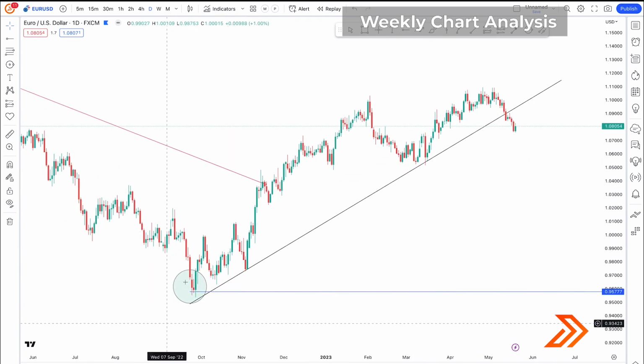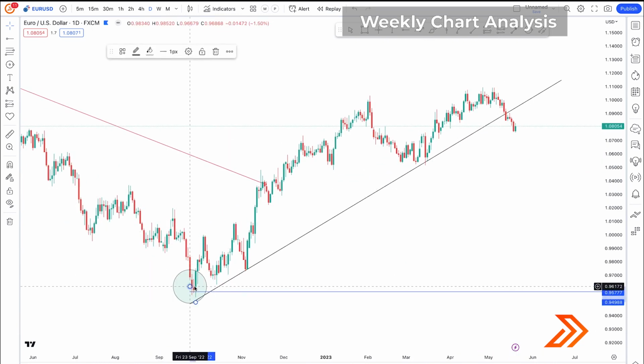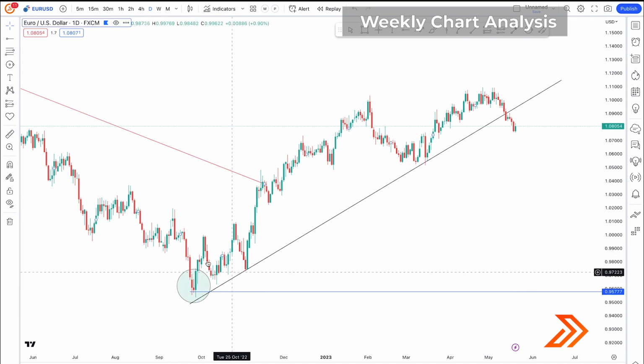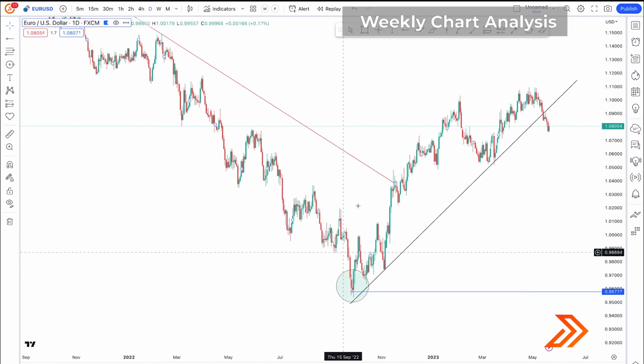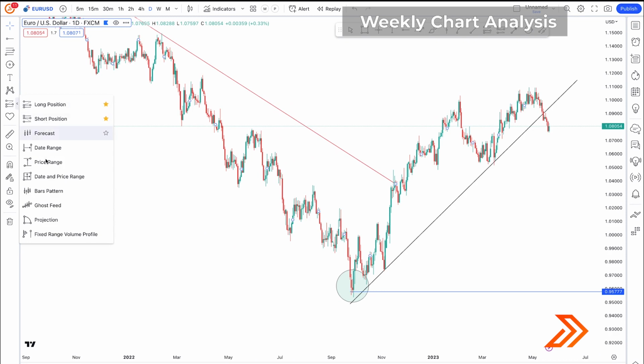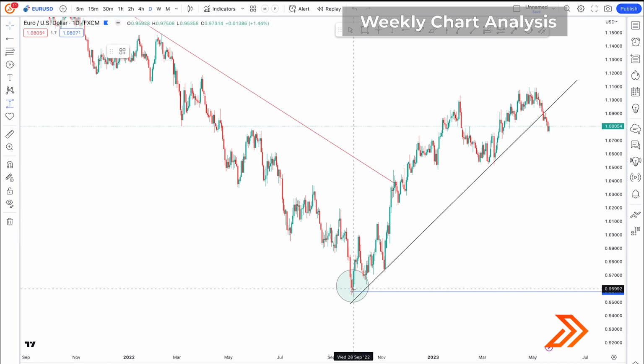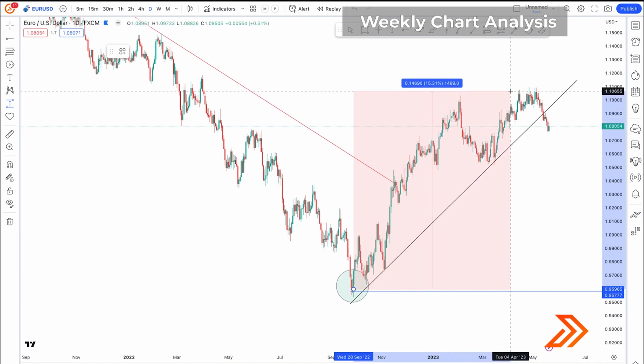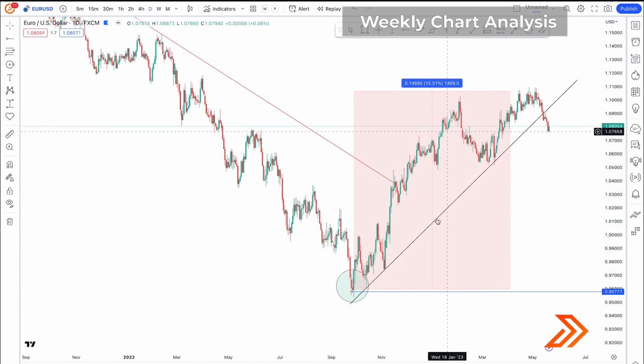All right, this was a morning star that formed at this low on euro dollar, and then we had price going back up, making a movement of over 146 pips on EUR/USD on the daily time frame.